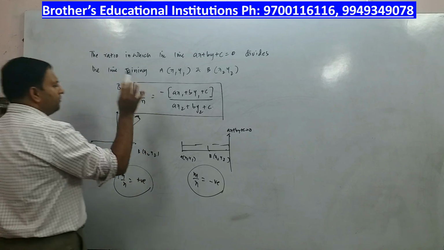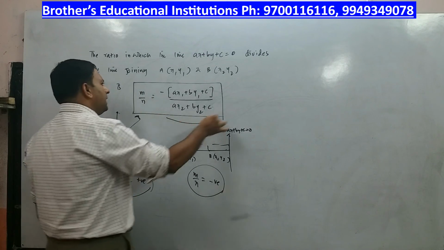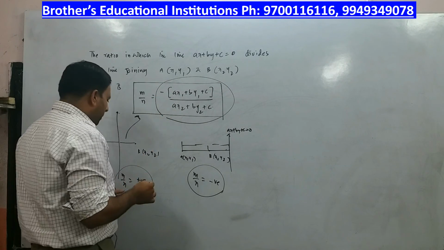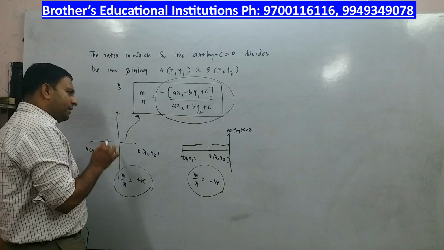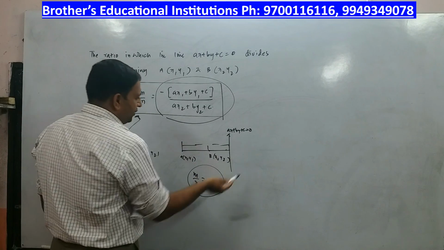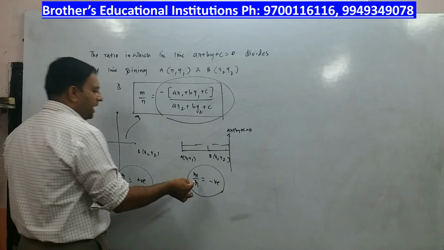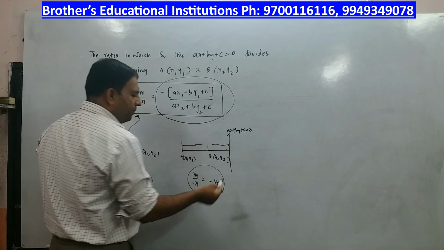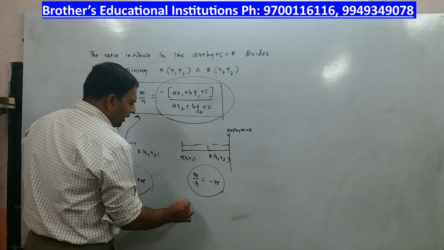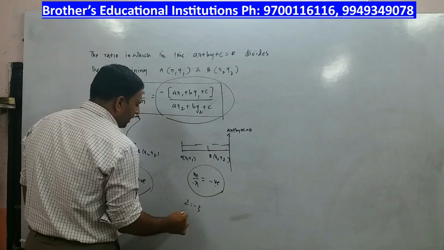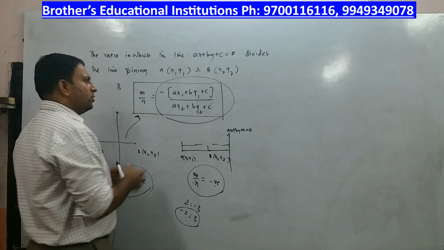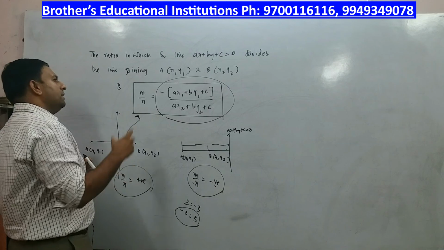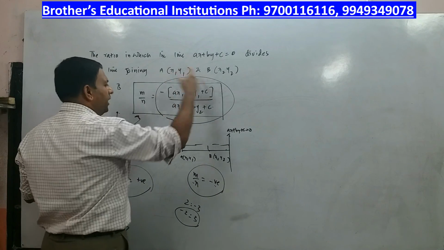No doubt you are writing the formula with a minus sign, the net result finally will be positive if the line divides the line joining these 2 points internally. If this line divides externally, from outside, then the final ratio will be negative. What do you mean by negative? It can be 2 is to minus 3 or minus 2 is to 3. Any one of them will have a minus sign. So that is the formula to calculate the ratio in which a line divides the line joining 2 points.